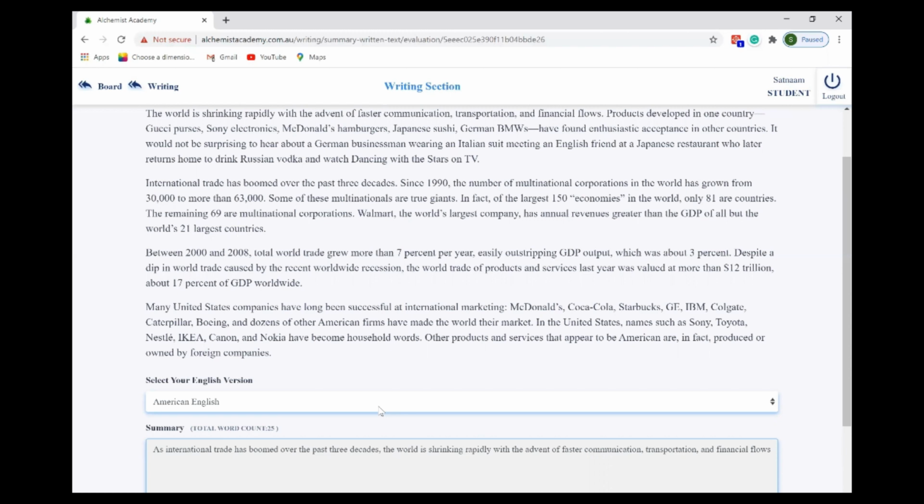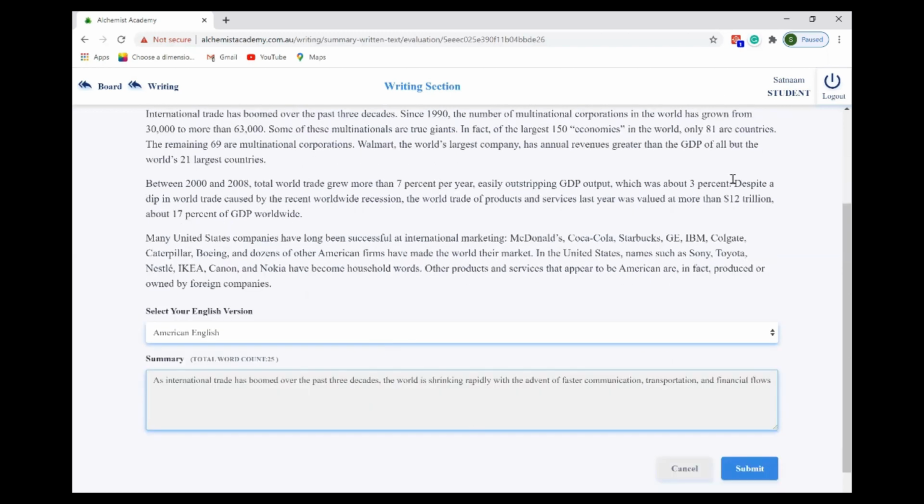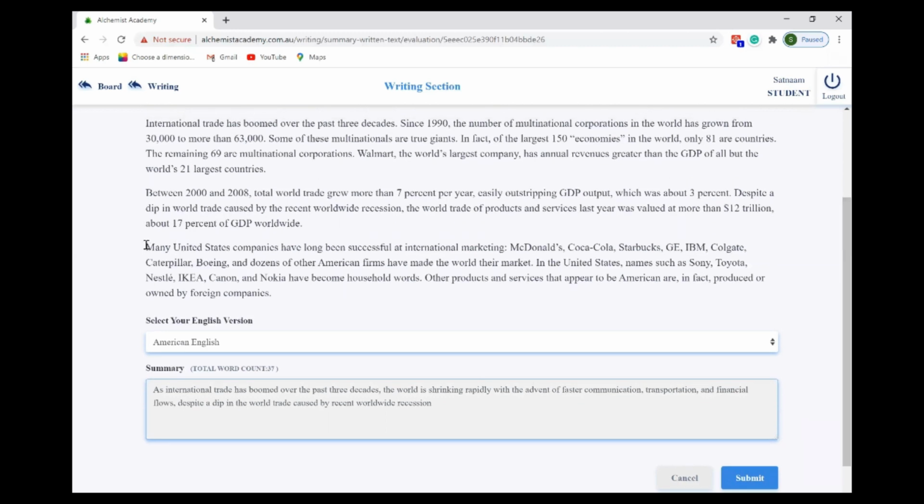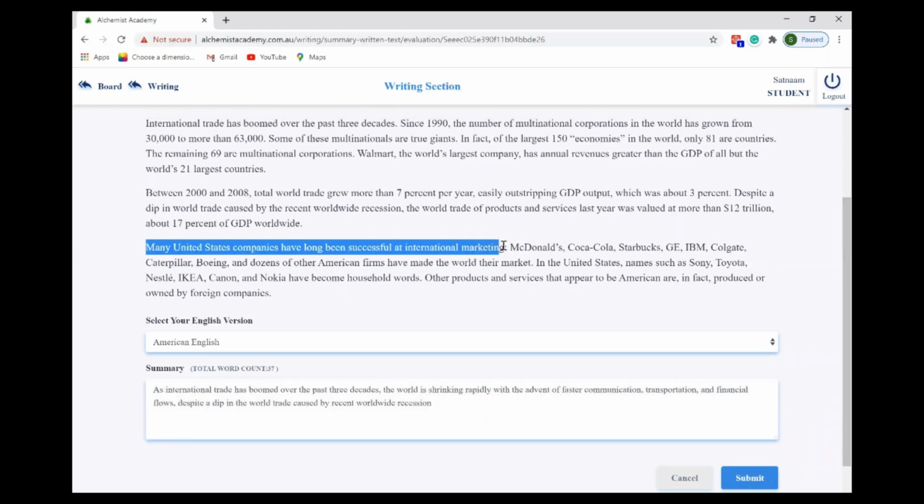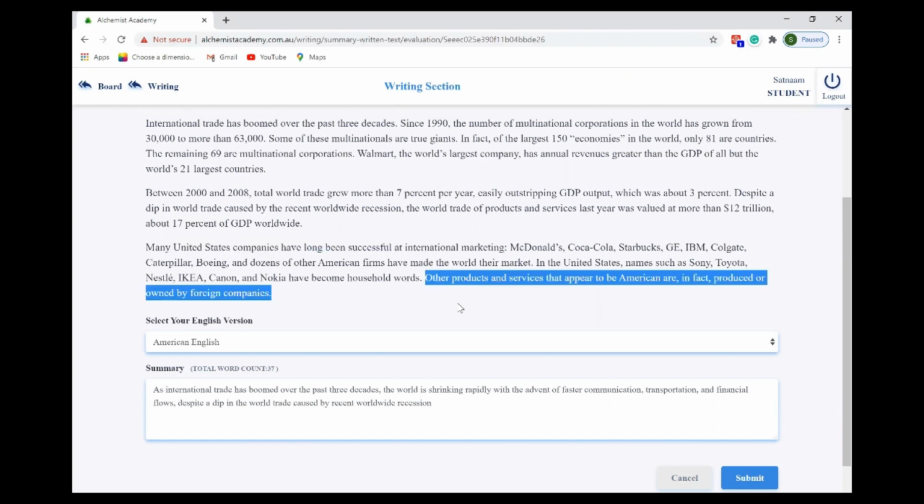And then I'm going to move into the third sentence, which starts from the word despite. So despite a dip in the world trade caused by the recent worldwide recession. And then I said I'll be copying something from here, like this sentence up until here, and then some parts from here, right? So I'm going to go with that, and I'm going to start writing from there on.